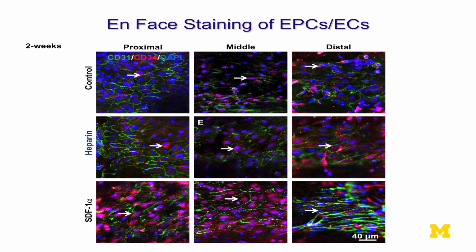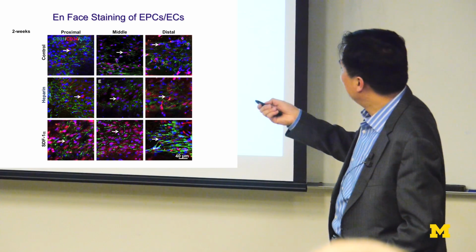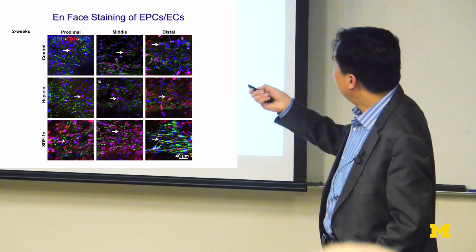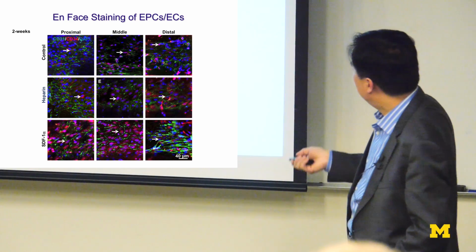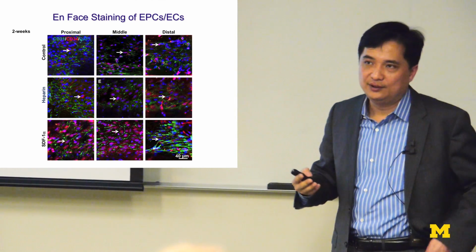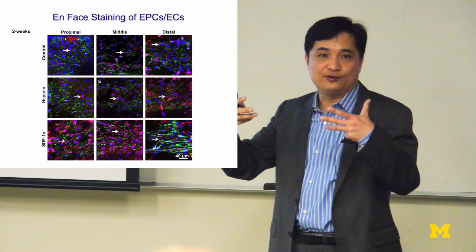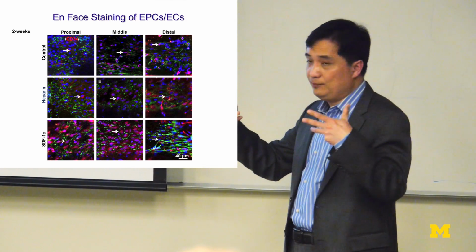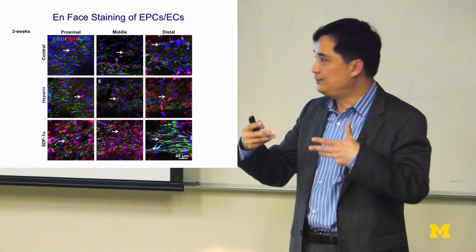At 2 weeks, you look at the graft at different locations: the proximal end, the middle part of the graft, and the distal end. What we found is that no matter what you do to the surface, at the proximal and distal ends there's not much difference, because there could be some cell migration from the adjacent artery through the anastomotic sites.